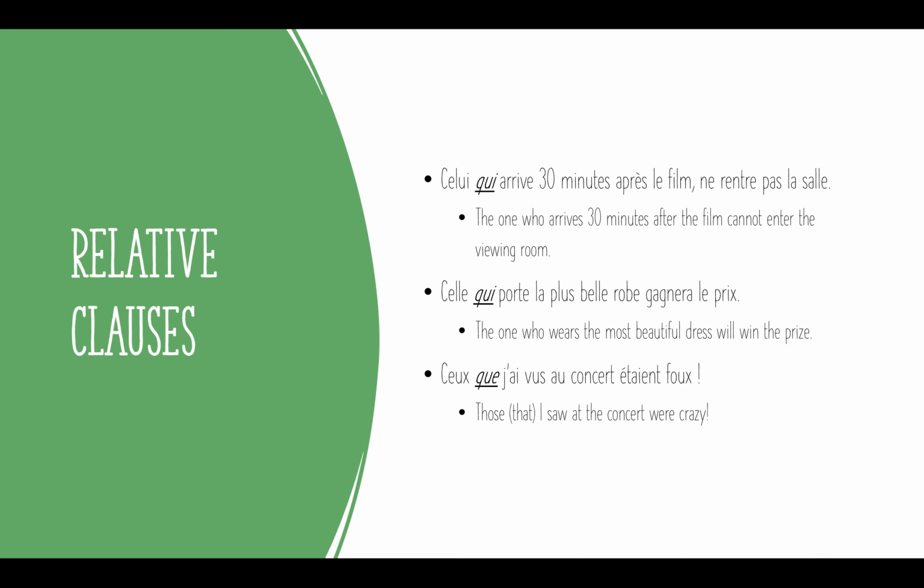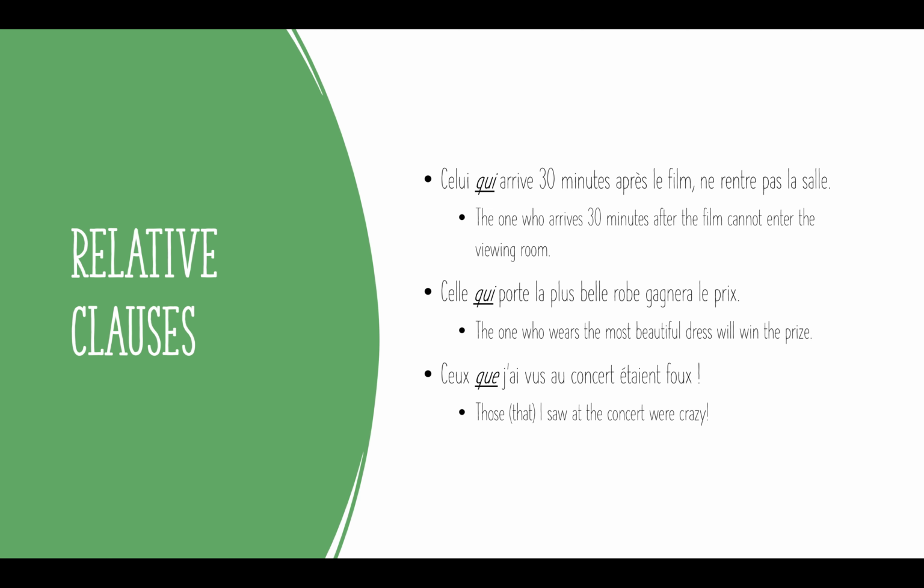Ceux que j'ai vus au concert étaient fous. The ones that I saw at the concert were crazy. So those that I saw. And again, if it was only females, it'd be celles. But ceux is normal because most of the time you don't have just one gender at a concert.